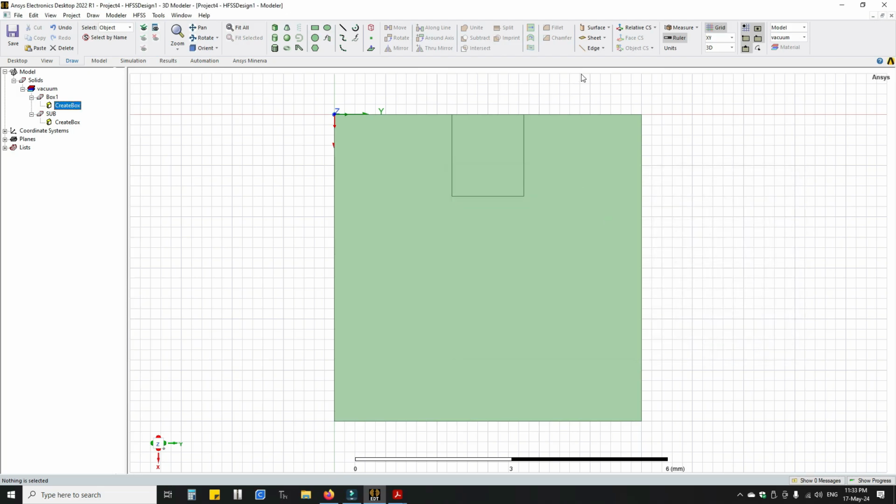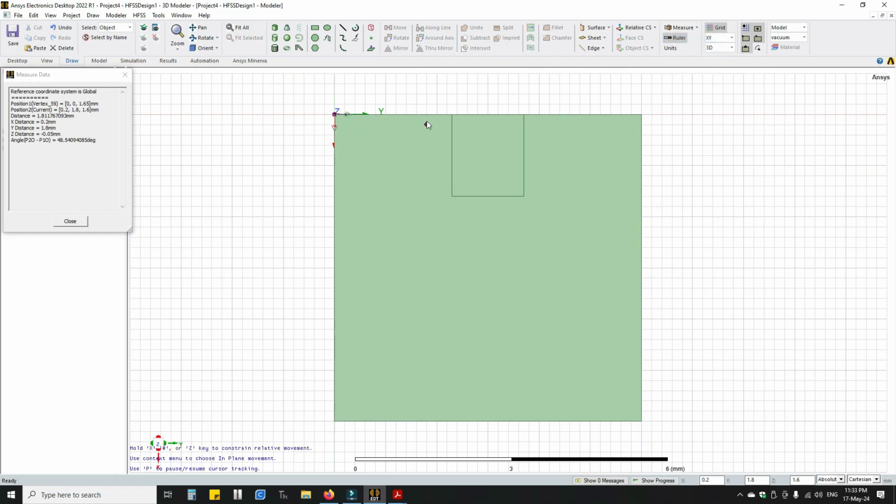Now check whether it is correct or not. Going to measure position from 0 to here. The distance from the rightmost to here is 2.29. Now we are good to go. Okay, next.